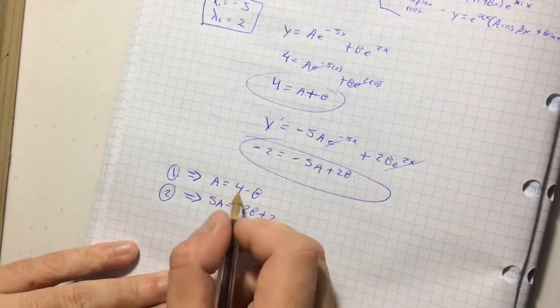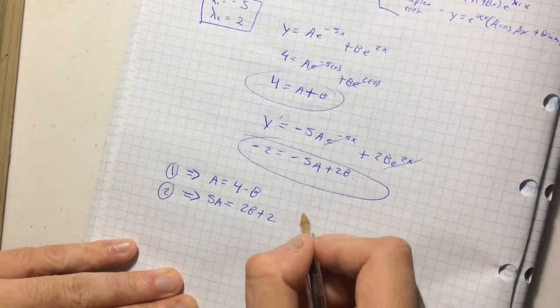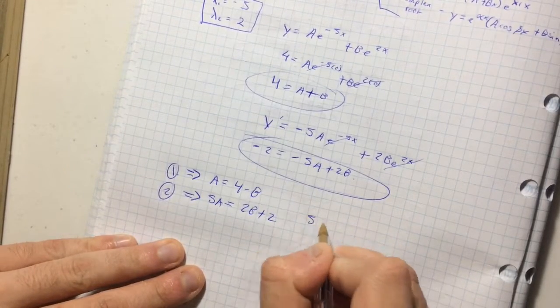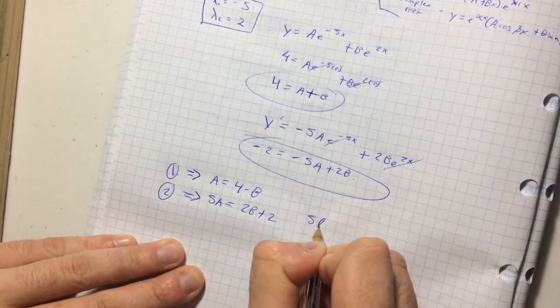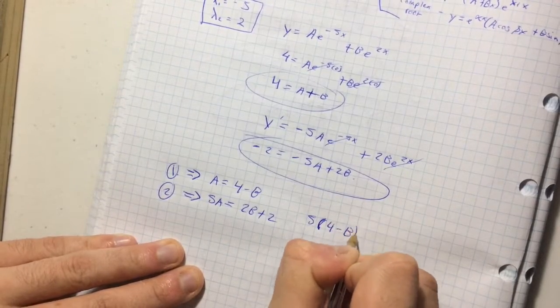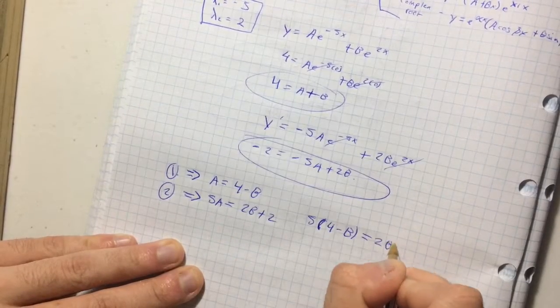I am going to plug this into this. So 5a, but a is 4 minus b. So 5 times 4 minus b is equal to 2b plus 2.